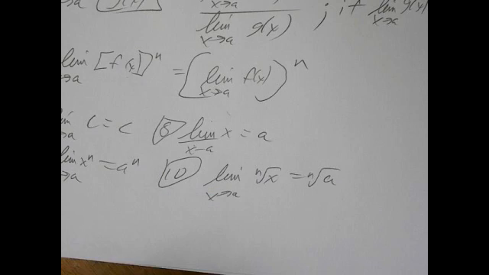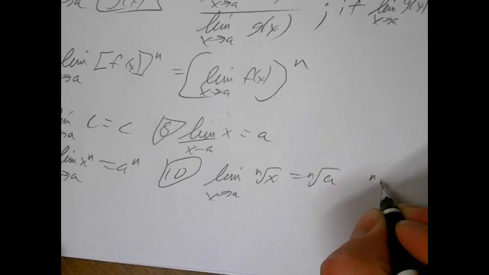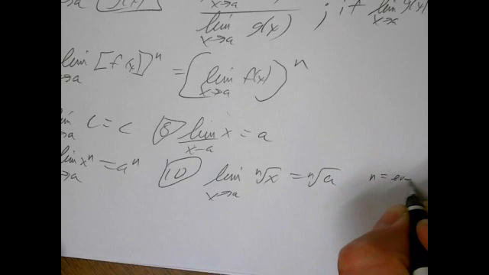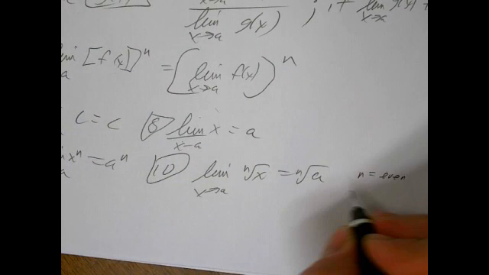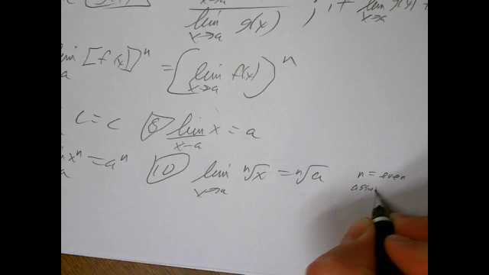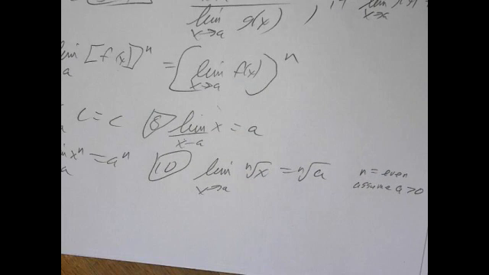And of course, because roots are involved, there's an assumption: if n is an even number, if you're having an even root, we assume a is greater than 0. So we're assuming that we're not trying to take, say, the square root of a negative number. Okay, so we're not going to try and justify that.